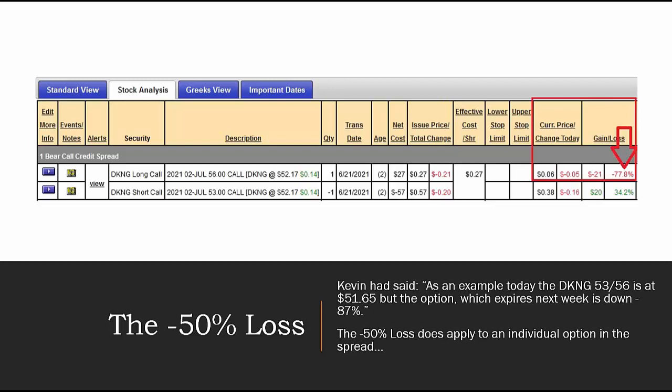Looking at the position today on June 30th, had we entered this position on June 21st, we see here on the Power Options portfolio that our July 56 call, the call that we bought, not the one that we're worried about, we paid 27 cents for it, and it's now down to 6 cents. We're losing 77.8%. But the 50% loss does not apply to any individual option in the spread position.